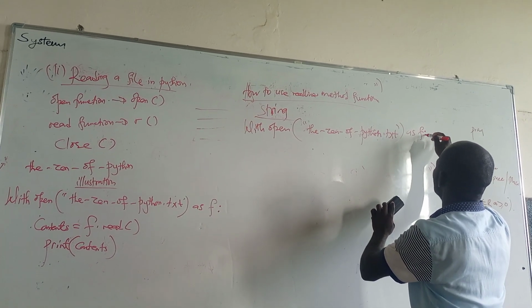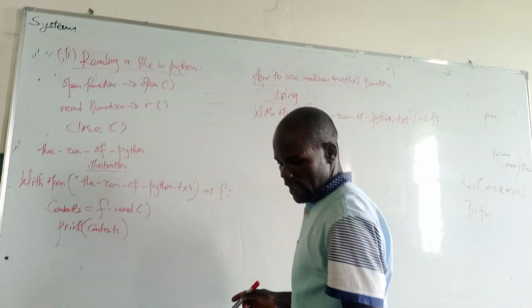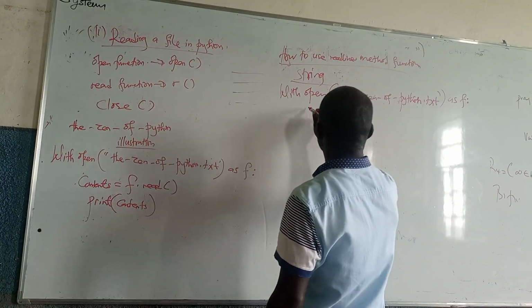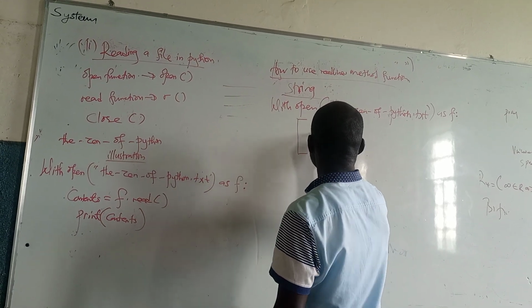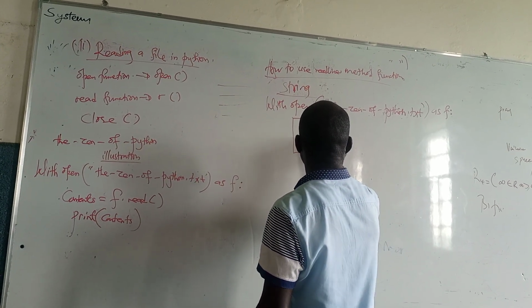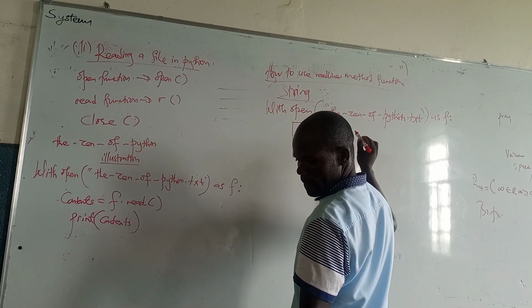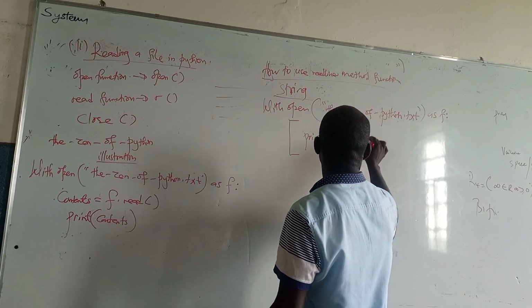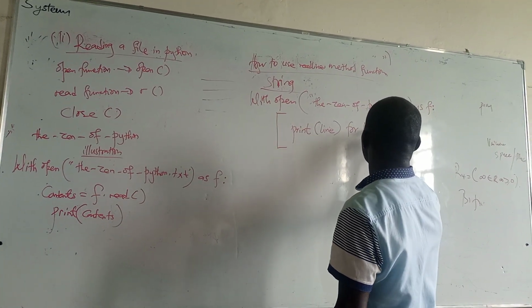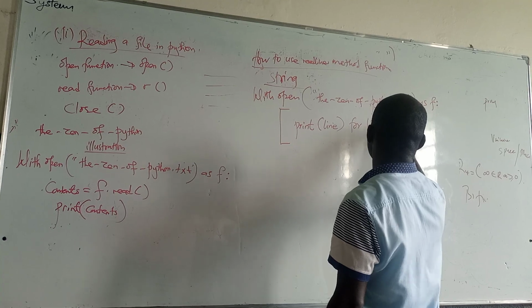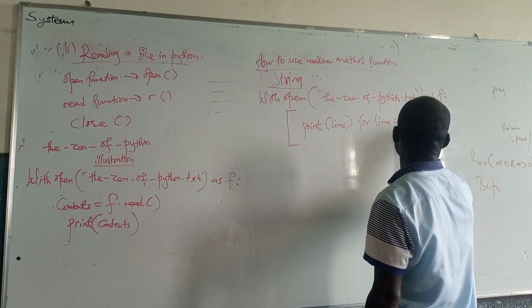Then don't forget to write the colon symbol. Then on the new line, print line for line in f dot readlines.